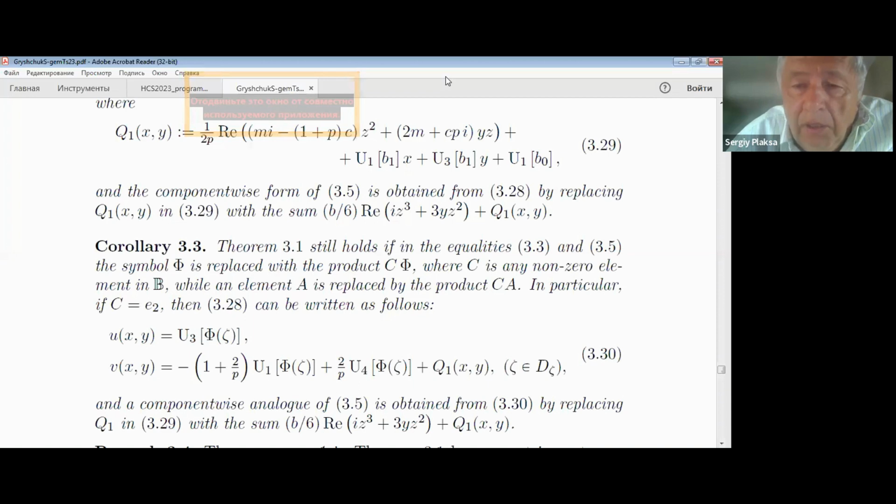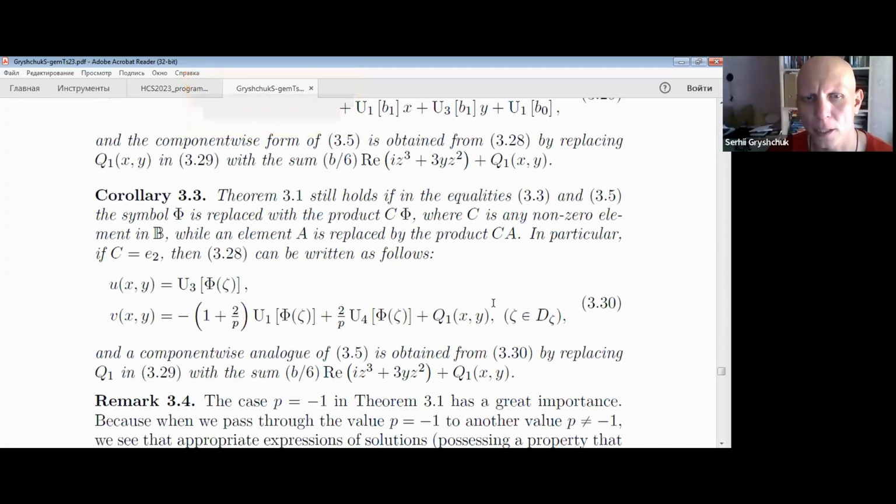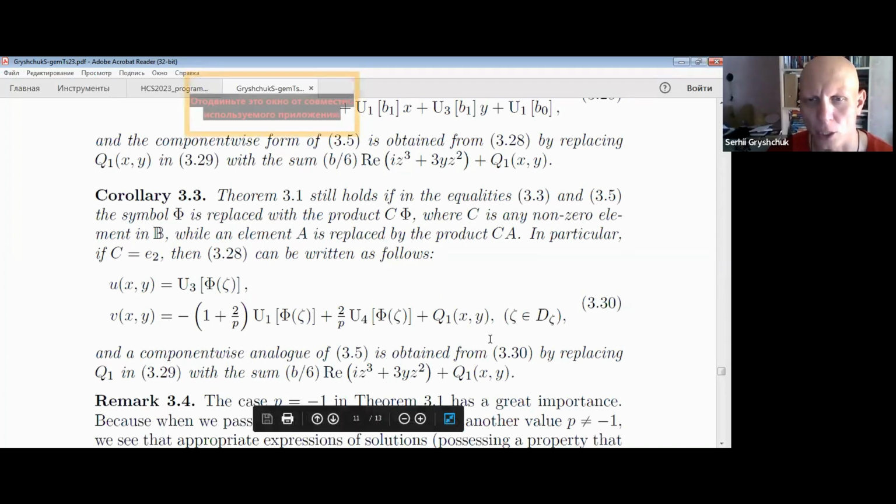I have a question. Are the representations for solutions of the Lamé system given in the main theorem and in the corollaries completely equivalent or not? We have different representations; the corollaries give us another representation.